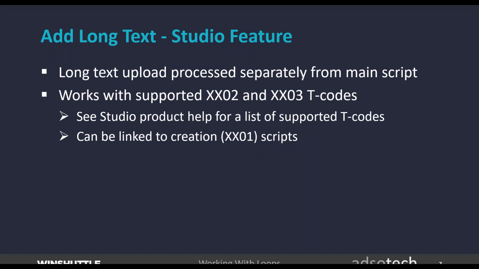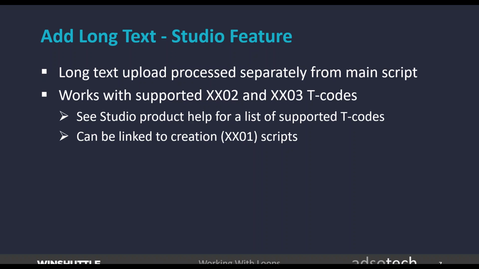It only works with the officially supported T codes, but this is something that Winshuttle is constantly working on. With new Studio versions, depending on the customer need, Winshuttle adds support for new T codes. So you can also be involved: if there is some T code, some process that you use on a regular basis that involves long text objects, just contact our support.